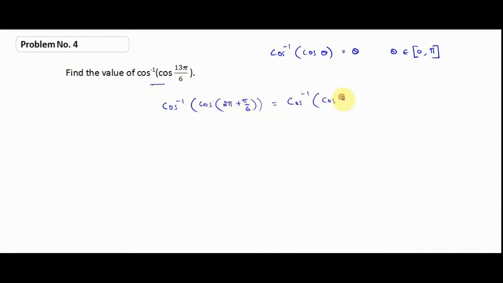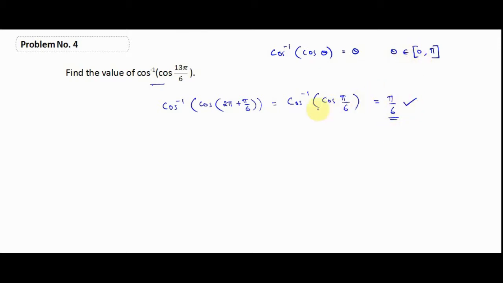And this theta value is in the range 0 to pi. So we may write it as pi by 6. So here the answer is pi by 6. So cos inverse of cos 13 pi by 6 is not 13 pi by 6, but it is pi by 6. So the answer is pi by 6.